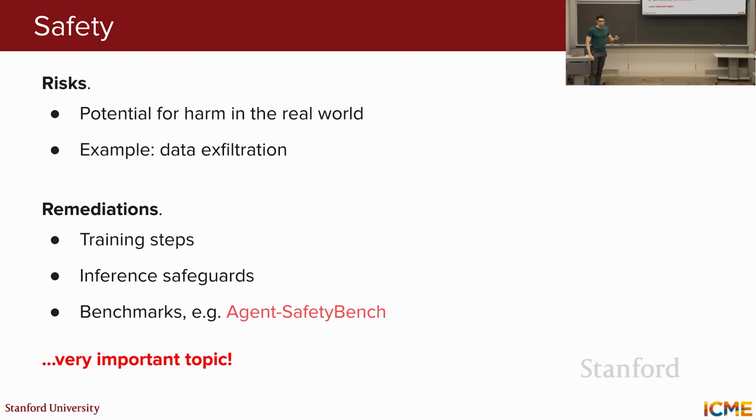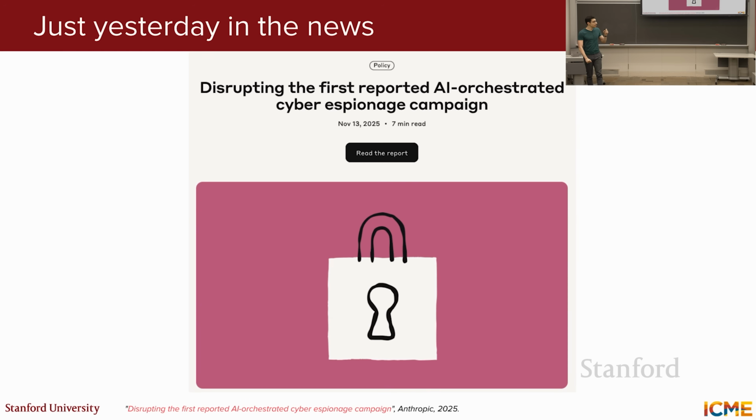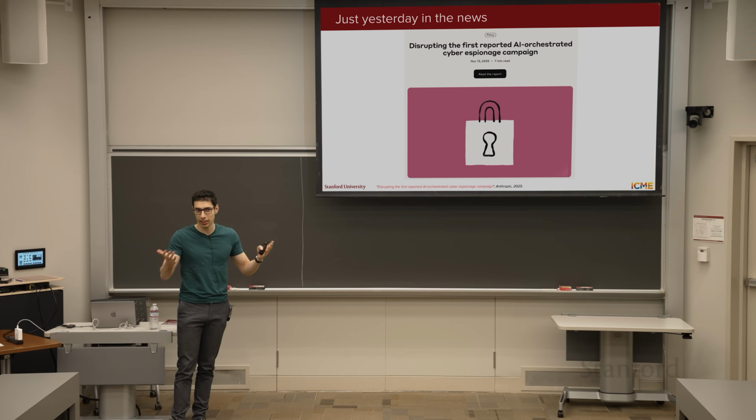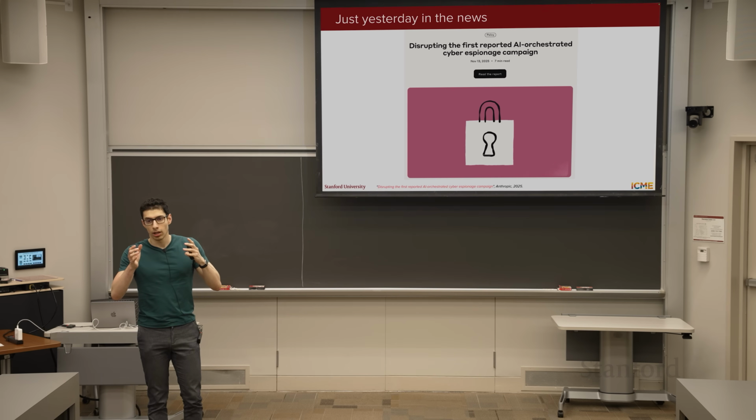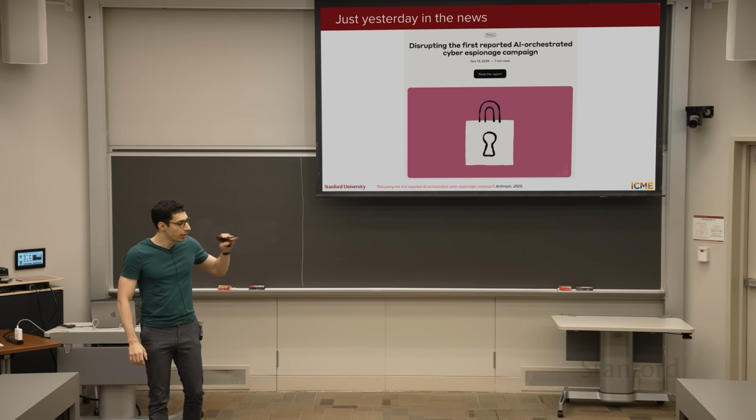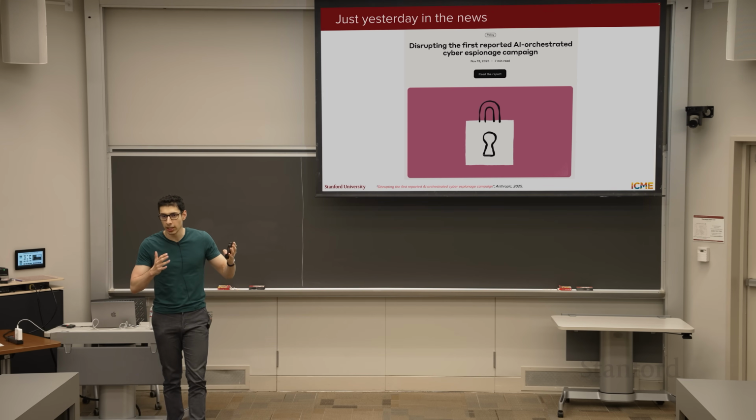And it's a very important topic. Just yesterday, Anthropic revealed that they were the victims of a large-scale cyber attack launched from Claude. It was also using tools and agentic capabilities, and they published a super detailed report saying exactly what the attackers did and went step by step through possible lines of remediations.